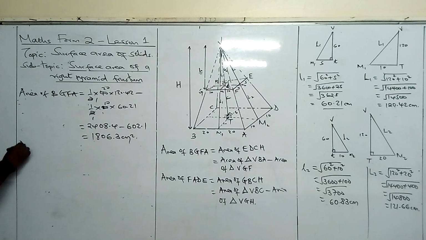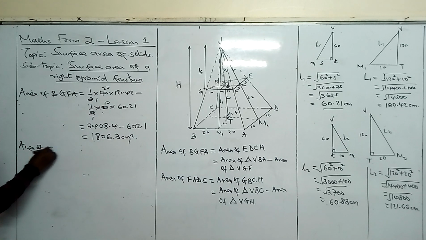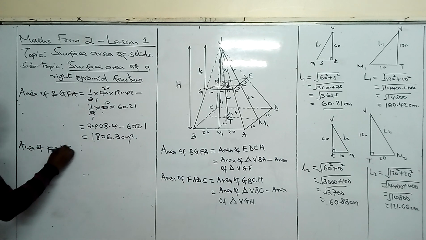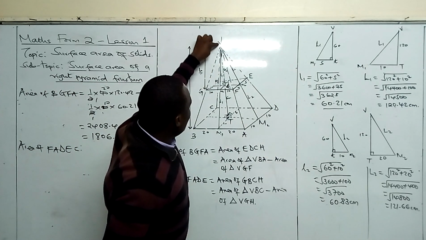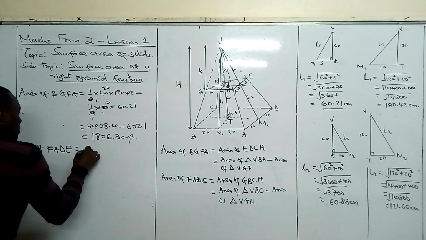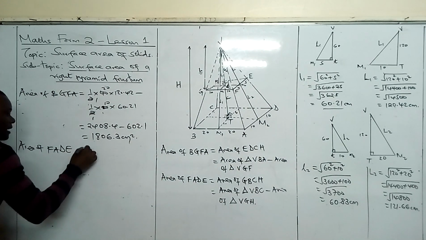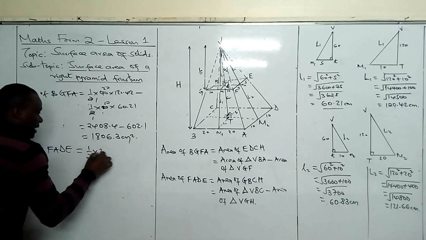Let's find the area of FADE, now represented by this other face, VAD. So we will now take that as a half times the base, 20, that is 10 plus 10.